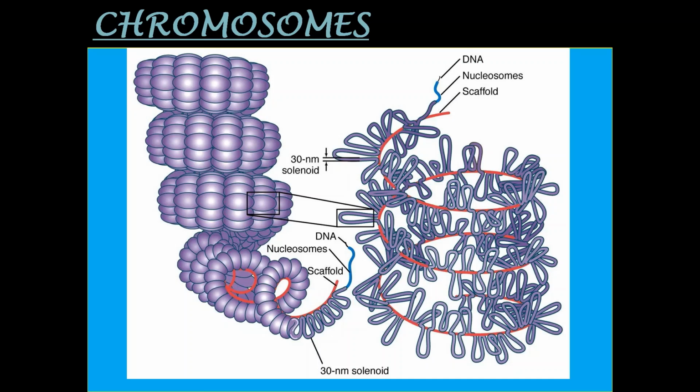This is the diagram illustrating the solenoid model. As you can see, the helix has a diameter of 30 nanometer with helical pitch of 11 nanometer, and the nucleosomes form a superhelix having 6 nucleosomes per turn. So this is the first model of the 30 nanometer fiber that is known as the solenoid model.